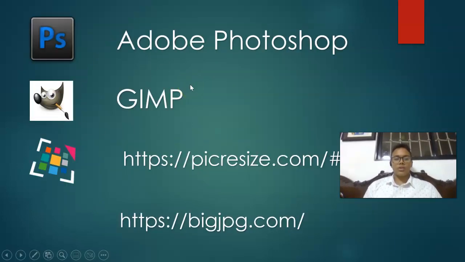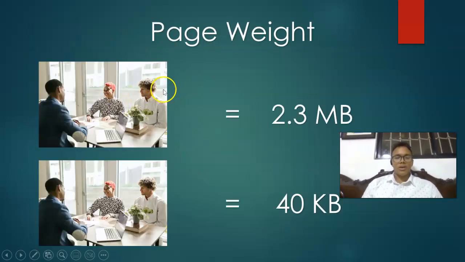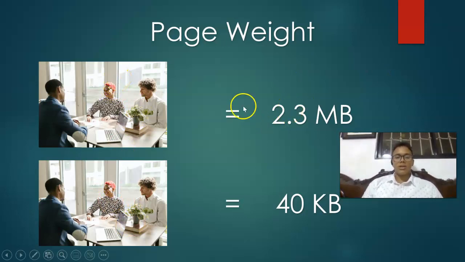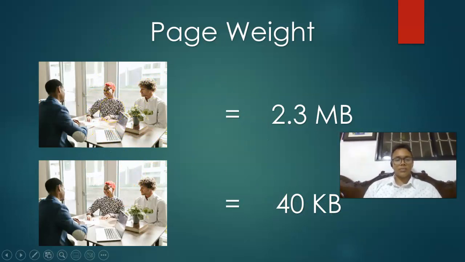So I'm going to show you here an example. This is an image that we use in our project this week. We have the first one, its weight is 2.3 megabytes, and the second one is 40 kilobytes. If you see, it's the same image, with the same width and height, but a different weight.